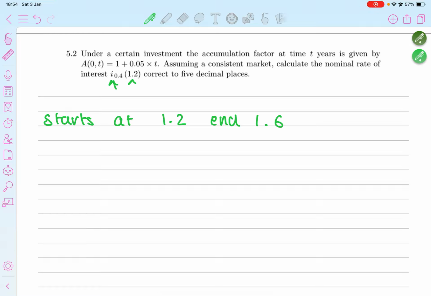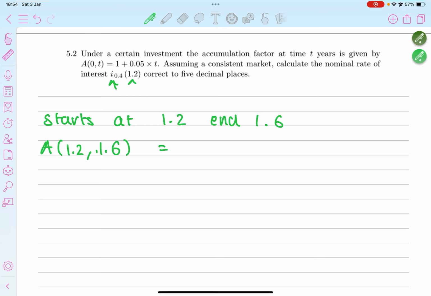So now we need to work out a(1.2) over a(1.6) to work out the correct thing. A good thing to know is that by finding them together, you just divide them. So we need a(1.2), a(1.6).